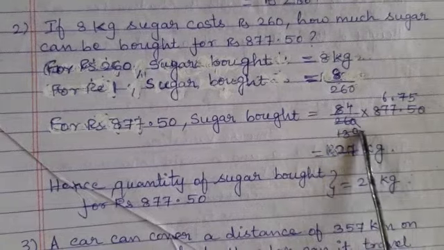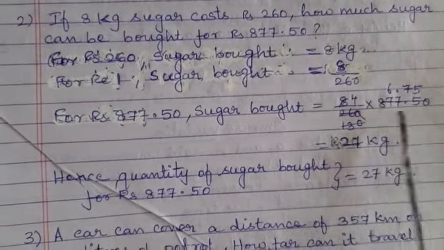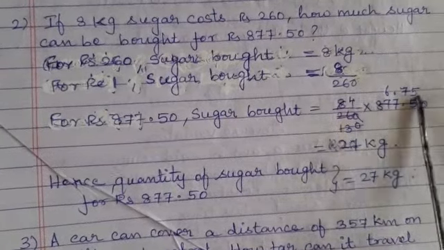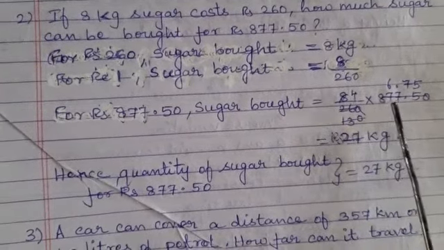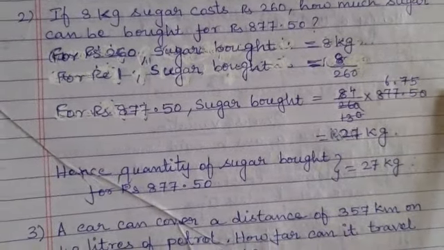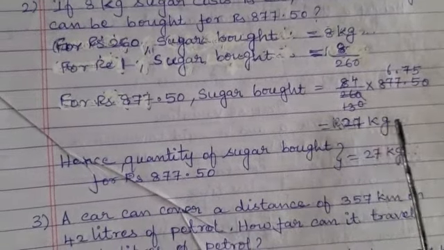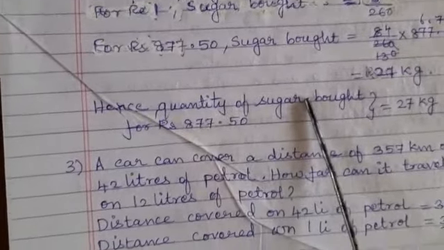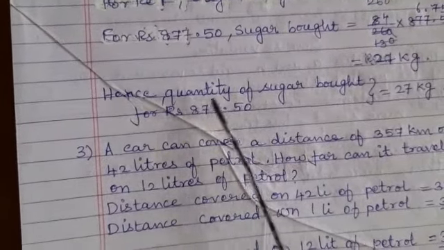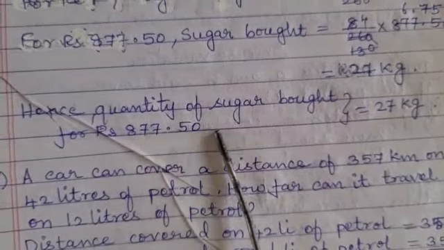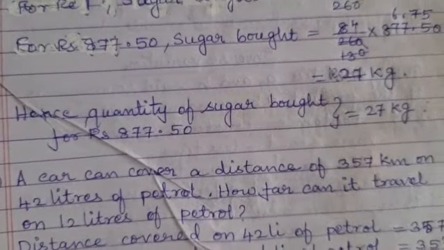Do the calculation. While doing these calculations, multiplication of decimals with fractions, do it in a proper way. Show the workings in the rough column. Then simplify it. So the answer will be 27 kg. Then you will write the last sentence: hence, the quantity of sugar bought for rupees 877.50 is equal to 27 kg.